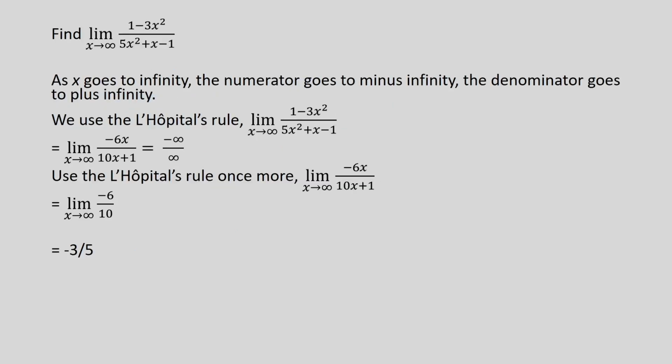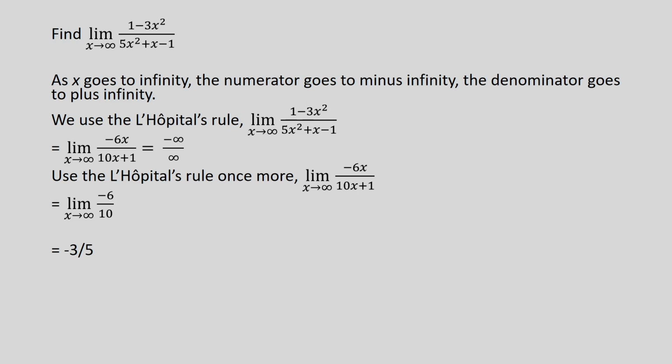Okay, here is another example. Here, instead of 0 by 0 form, you have another kind of form coming up. Suppose you have the limit as x goes to infinity of a quotient (1 minus 3x squared) divided by (5x squared plus x minus 1).